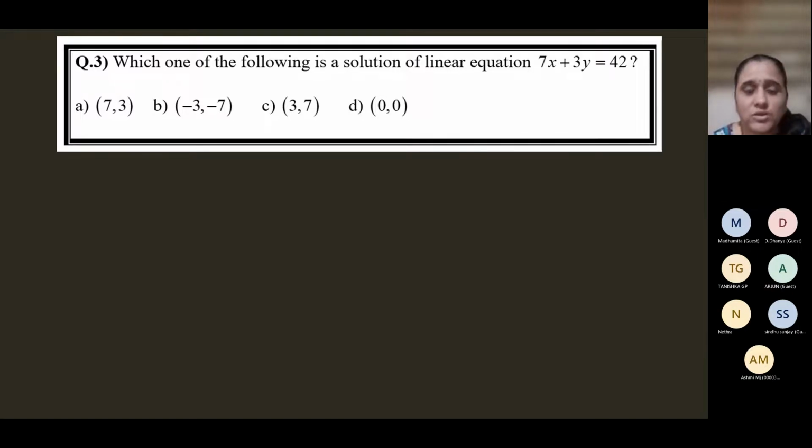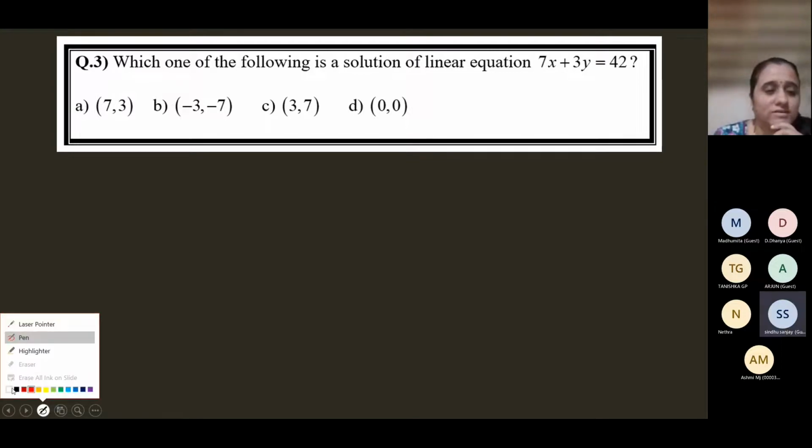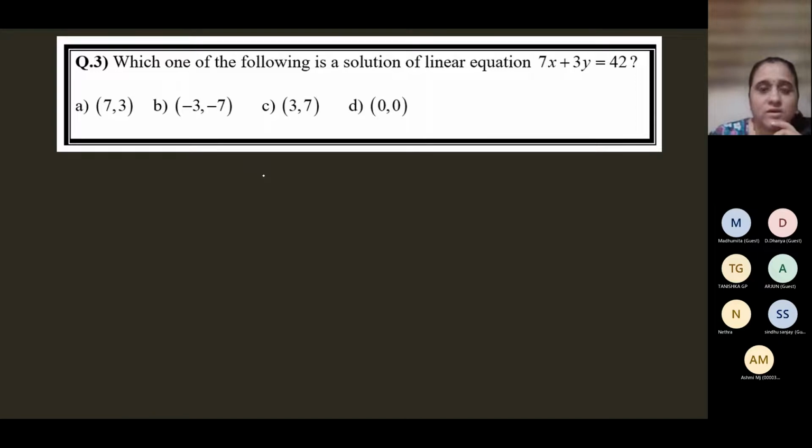Which of the following is a solution of the linear equation 7x plus 3y is equal to 42? C, ma'am. This is from Sindhu, is it? Yes, ma'am. Okay. In option C, we have x is equal to 3 and y is equal to 7.